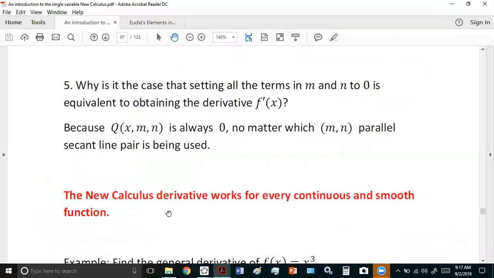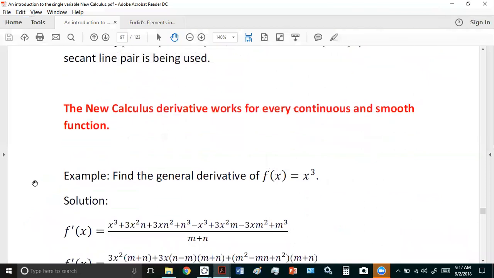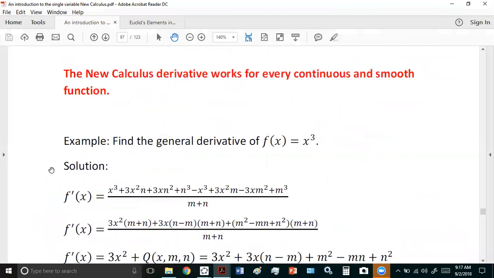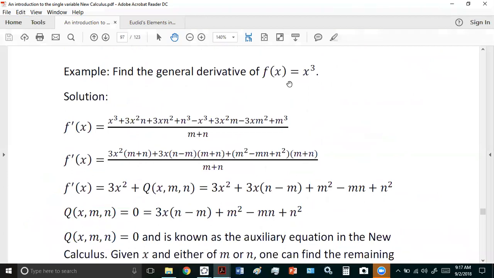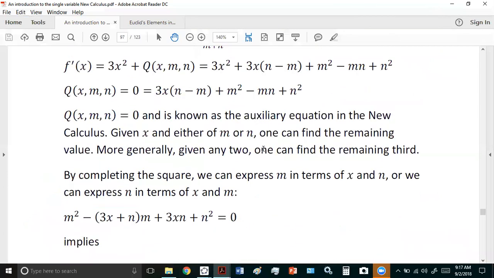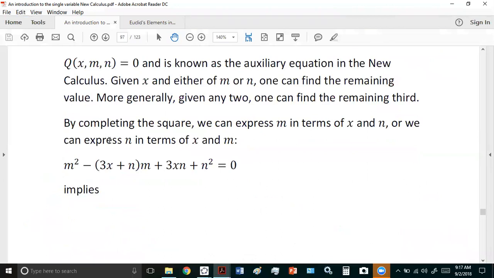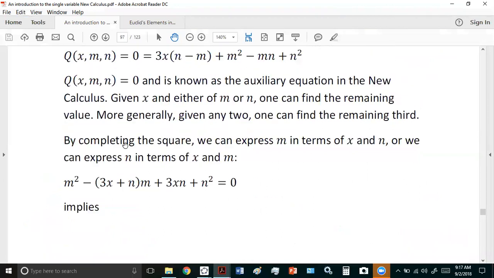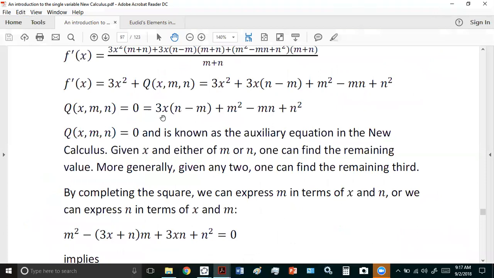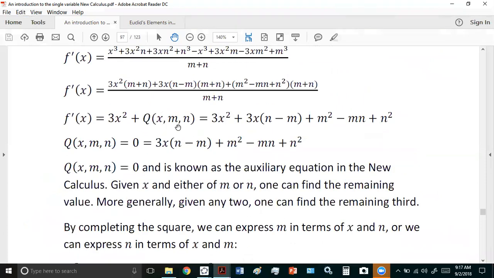Right, so now the new calculus derivative works for every continuous and smooth function. And I give you an example here of how to find the derivative of the cubic, right? And I also show you how this auxiliary equation here is always equal to 0, and that opens up a whole new field or theory of knowledge which has never been realized before me.